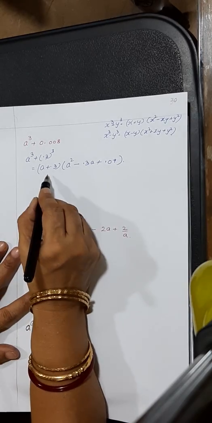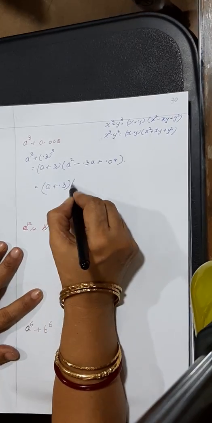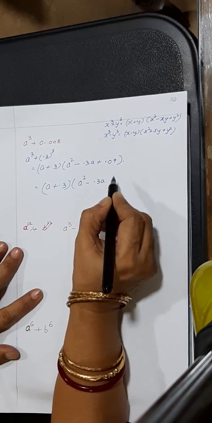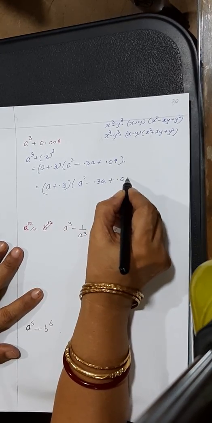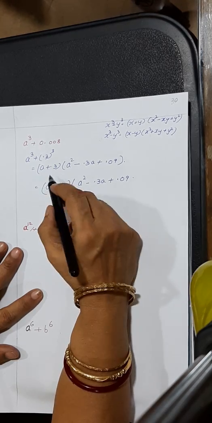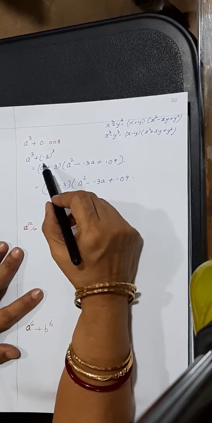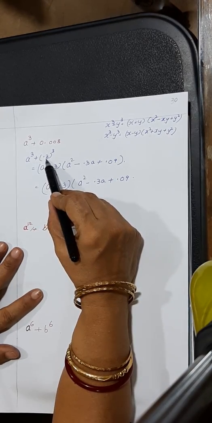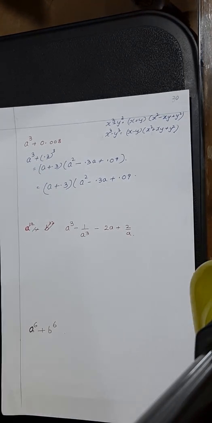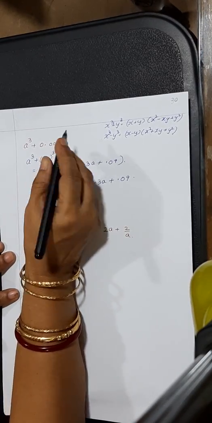So this is a plus 0.3. I'm just rewriting it. A squared minus 0.3a plus 0.09. Sorry, this is 0.008, it is 0.2 cube.